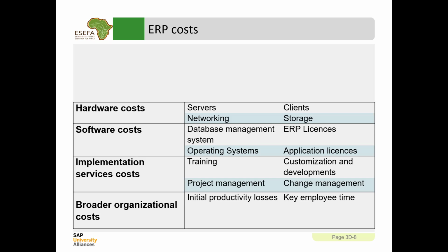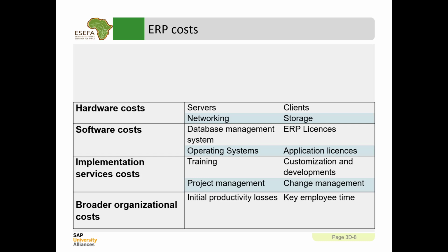And lastly, the broader organizational cost, which covers the initial productivity losses and the opportunity costs of coming on board. Your employees need to be trained, and during the time they are trained, there is probably a loss of production.